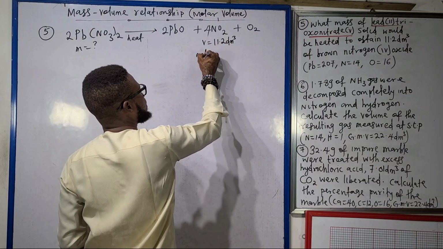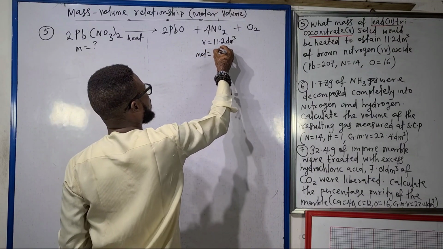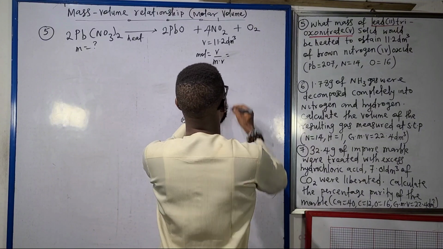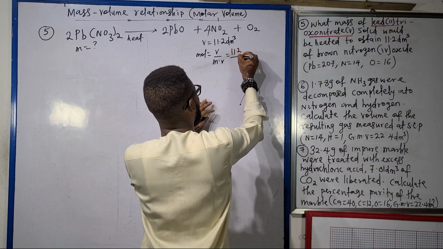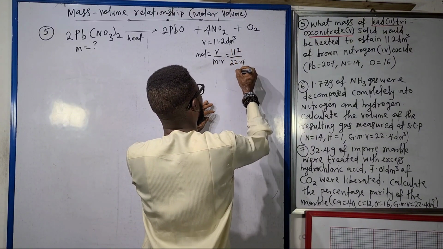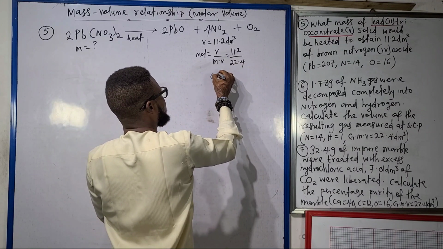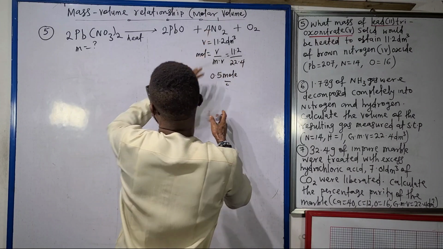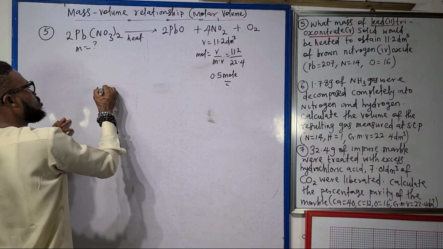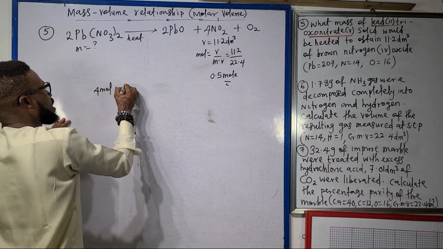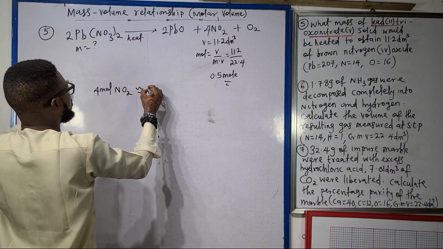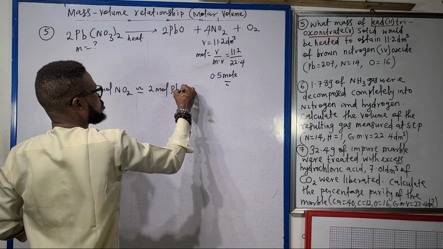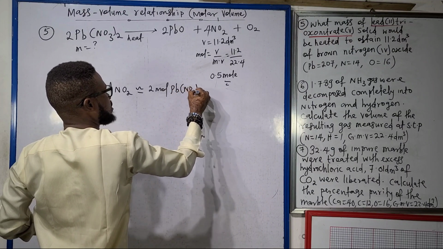So mole here is going to be volume over molar volume, and in this case, this is 11.2 divided by 22.4. This is going to give us 0.5 mole. Okay, so 4 moles of nitrogen peroxide is equivalent to 2 moles of lead(II) trinitrate, Pb(NO3)2.